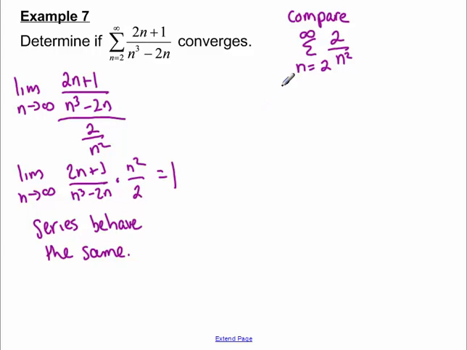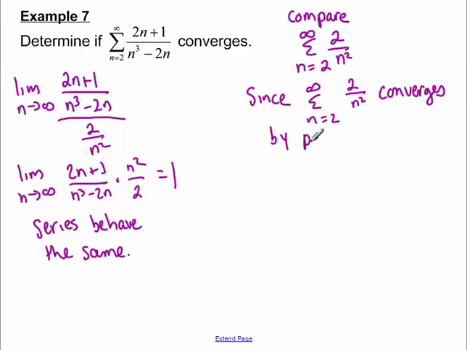So since as I go to infinity, the sum from n equals 2 of 2 over n squared is a p-series, this converges by the p-series test.